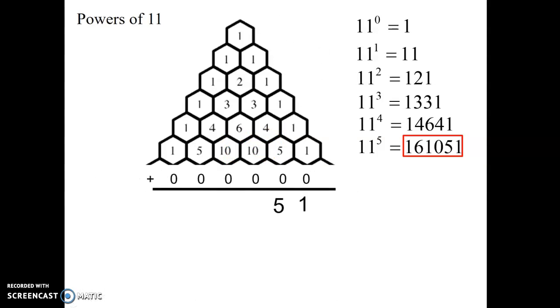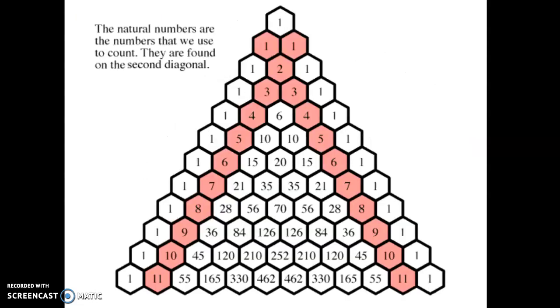I'm going to skip this part. The second diagonal, if you look, these are what's called the natural numbers. These are counting numbers. 1, 2, 3, 4, 5, 6, 7, 8, 9, 10, 11, 12, it's going to keep going.